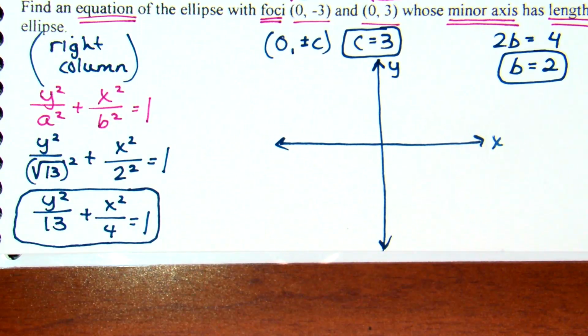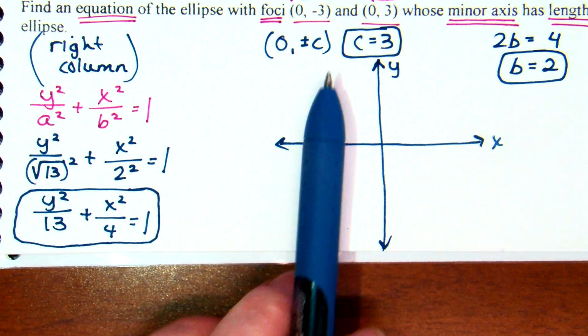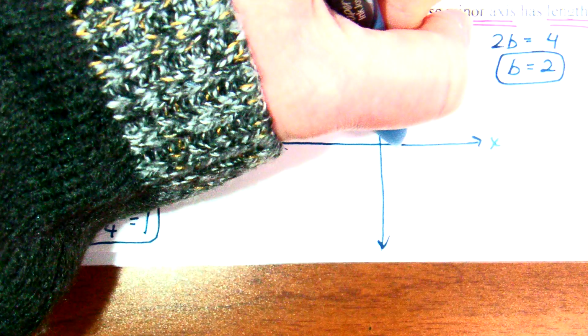Okay, what kind of things can we graph here? We were provided the foci, right? Which, by the way, I'm going to mark each direction on my x and y axis.